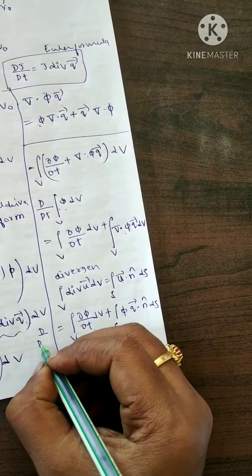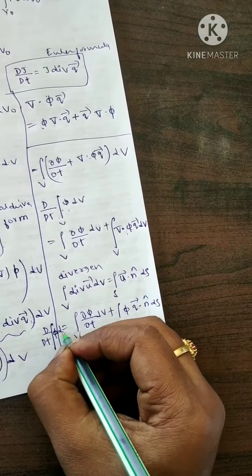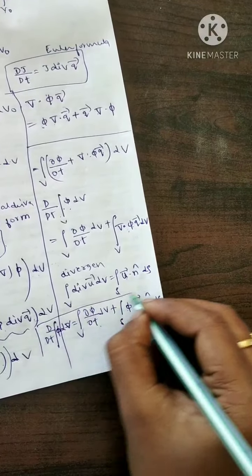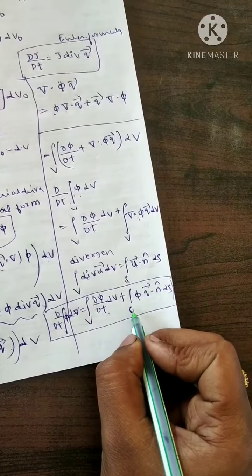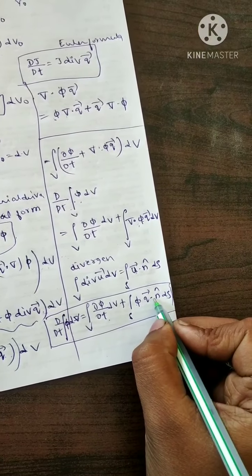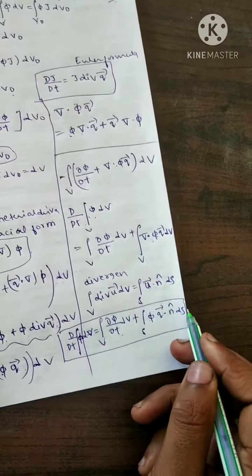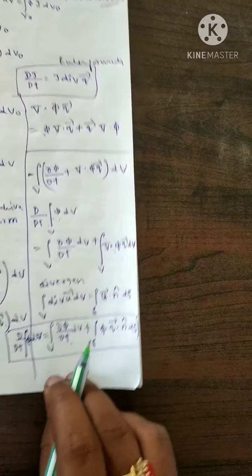In the LHS what we have, d by dt of integral of pi dv is equal to integral of dou pi by dou t into dv plus integral over s of pi q dot n cap into ds. This is what we call the Reynolds transport formula.